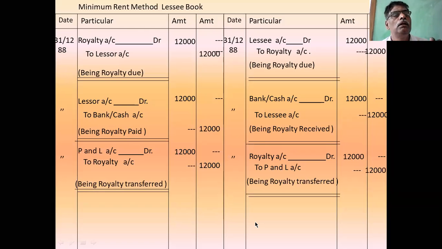But you have to know the meaning and importance or the solving method of this type of problem. Okay. Because of time shortage, I did not make the problem correctly. While preparing the slides, I forgot to change the names. Therefore, you make the changes and read up the journal entries. Okay.